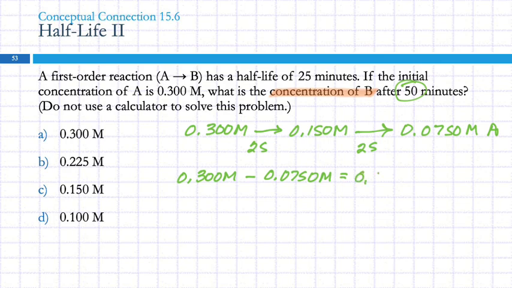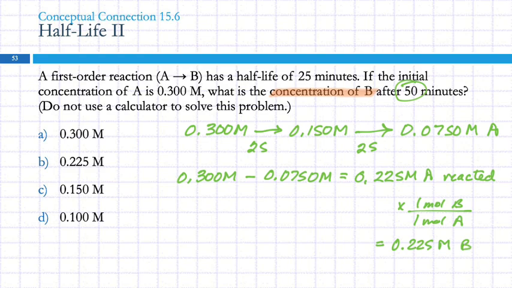So 0.225 molar of A reacted. In this equation, we get 1 B for every A. So we can multiply by 1 mole of B for every 1 mole of A, and that's going to be the same, right? 0.225 molar B.